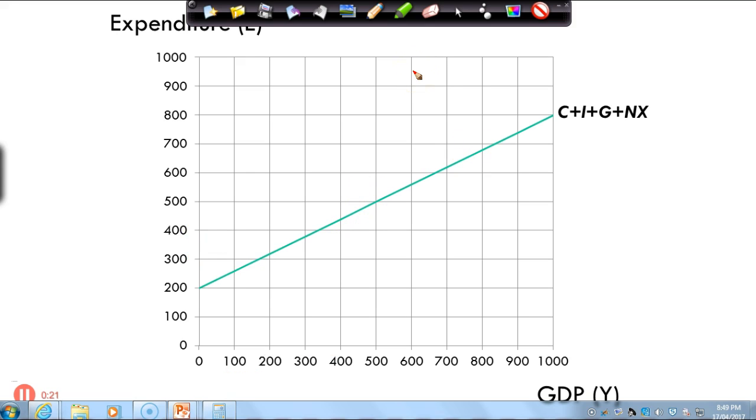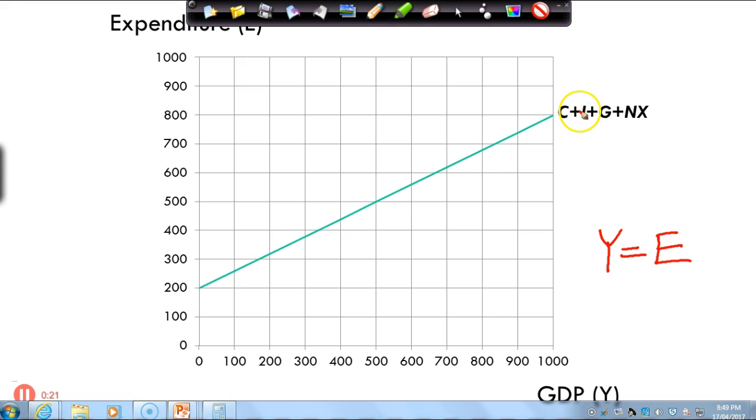All right. Now, we remember that we were going to say that the economy will tend towards equilibrium, and equilibrium was where income equaled expenditure. So our question is, well, where is that? Where is equilibrium on this line?